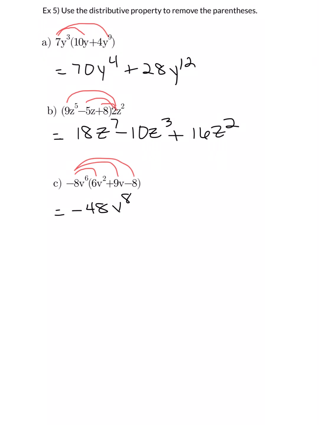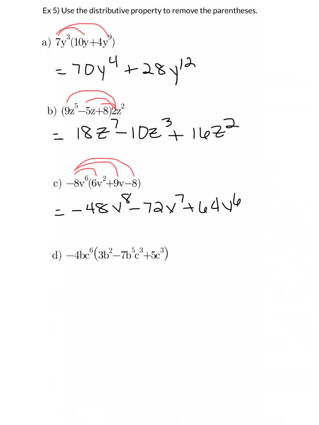Negative 8v to the 6th times positive 9v. We're going to get negative 8 times 9 is 72. Add your powers: 6 plus 1 gives us 7. Negative 8v to the 6th times negative 8 gives us positive 64v to the 6th.